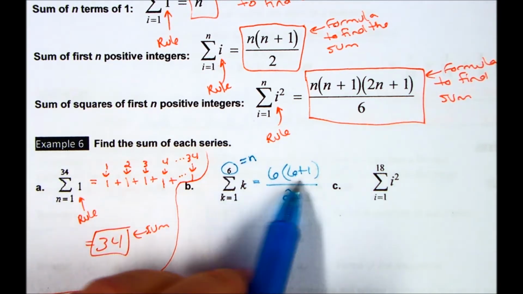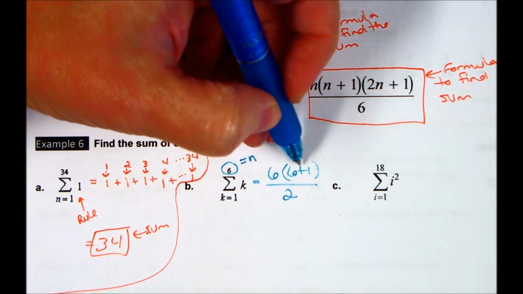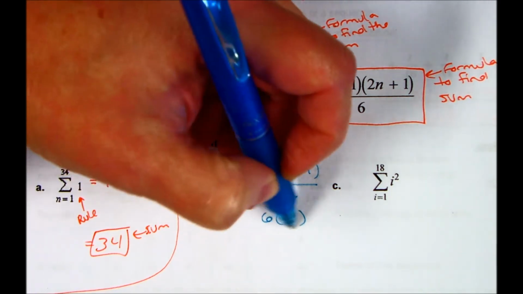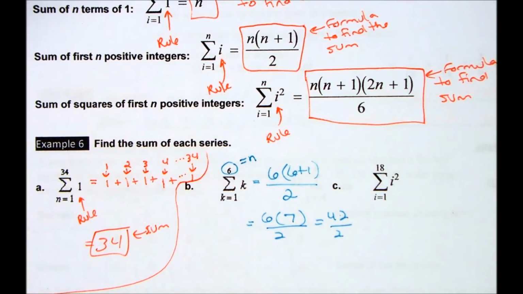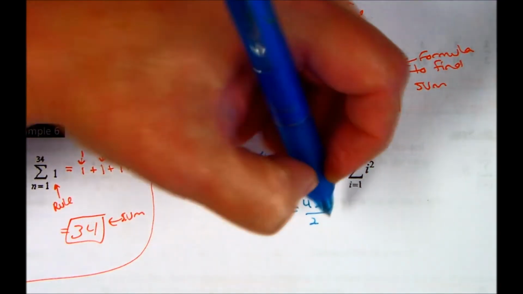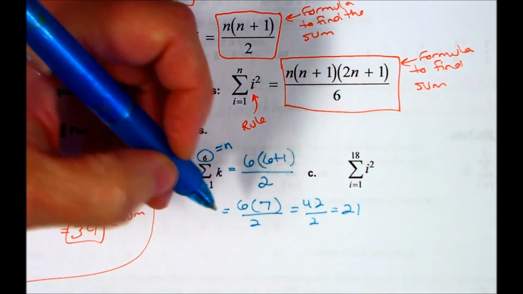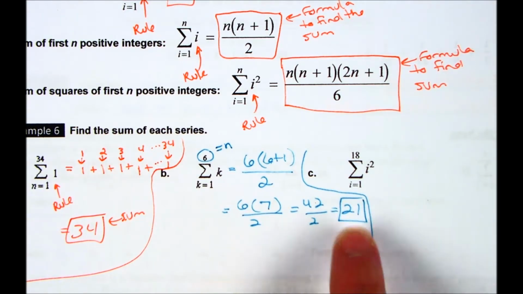Now I'm going to simplify this. So the 6 plus 1 gives me 7 times the 6 would equal 42 divided by 2, which gives me 21. So the sum of this series is 21. So that would be my answer.